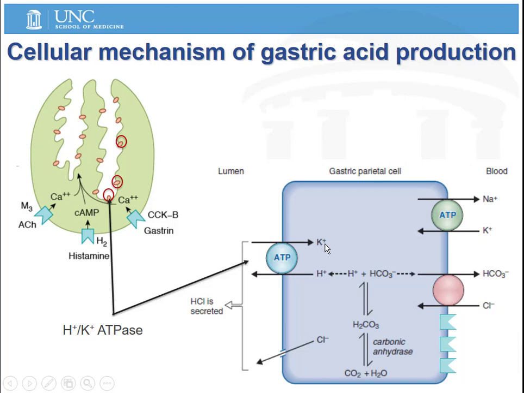The secretion of hydrogen ions into the lumen is accompanied by the release of equivalent numbers of bicarbonate into the bloodstream by this basolateral chloride-bicarbonate antiporter. This flux of bicarbonate ions into the blood creates an increase in the pH of the gastric venous blood, which is called the alkaline tide.